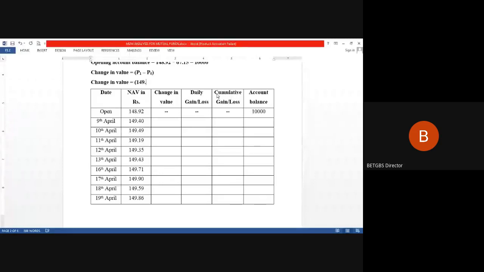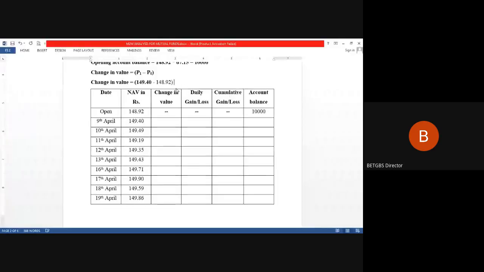Now when we come to 9th April, we have been given the data from 9th April to 19th April, and we have to do the NAV. What is the change? So it is P1 minus P0. Calculate.